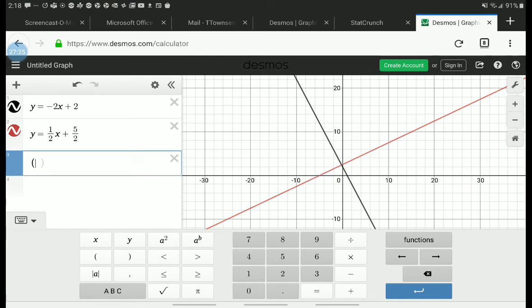And we said we wanted to go through the point -3, 1. So I'm going to plot that too, so you can see it.